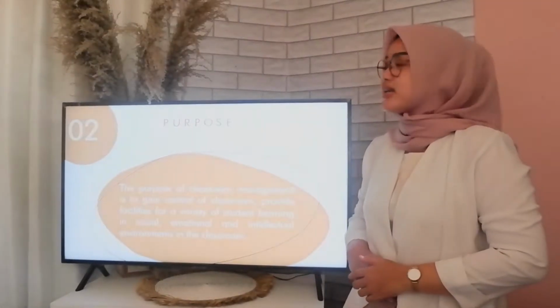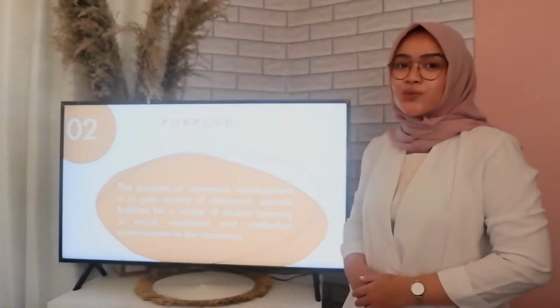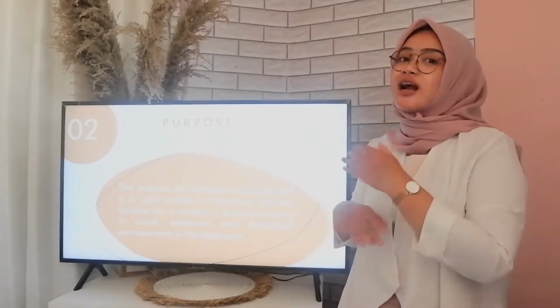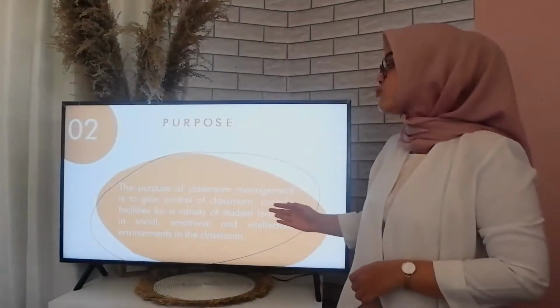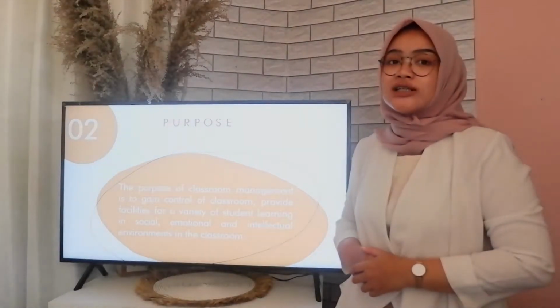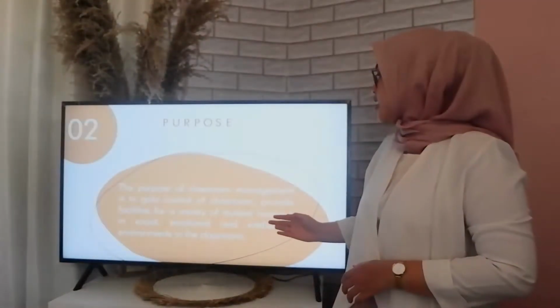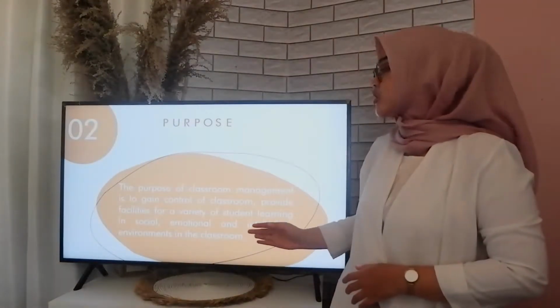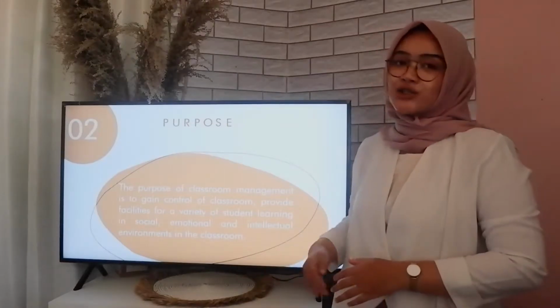So the next is the purpose of classroom management. The purpose of classroom management is to gain control of the classroom, and to provide facilities for a diversity of student learning in social, emotional, and intellectual environments in the classroom.